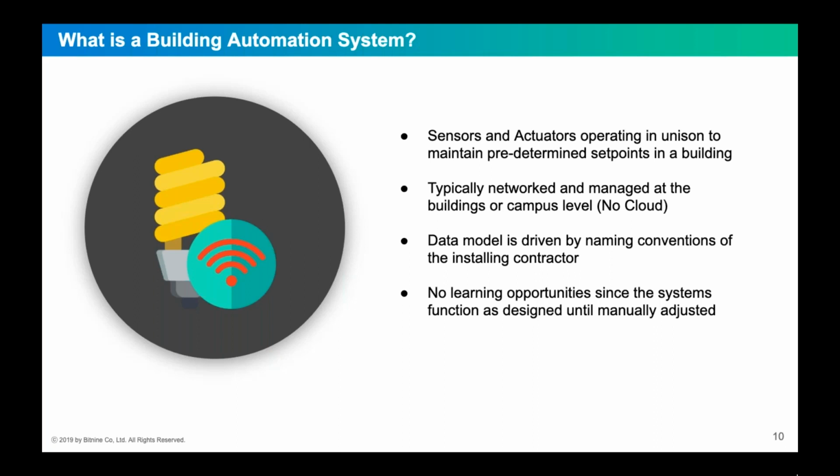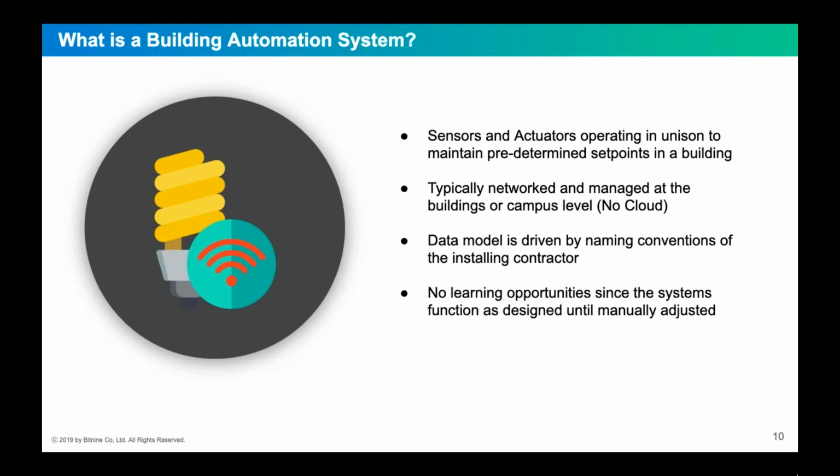You go to 100 different installers, they're going to have 100 different standards of naming those things. And even within the same contractor themselves, they may have two identical pieces of equipment sitting next to each other that are named differently. So you have no way on a cloud type solution to understand that these things are the exact same.